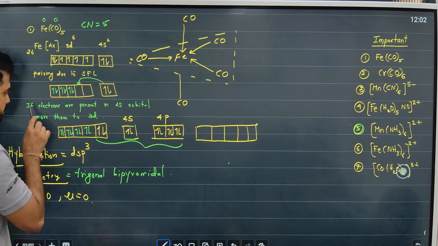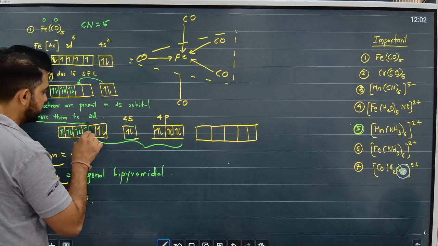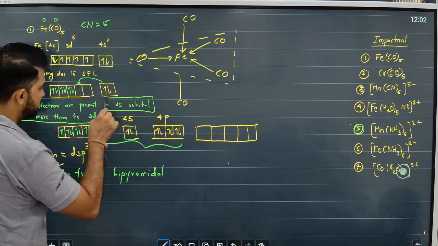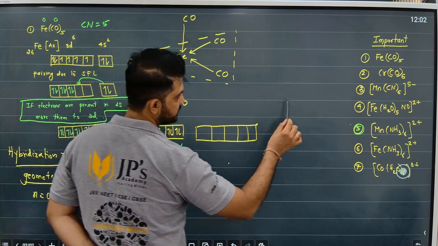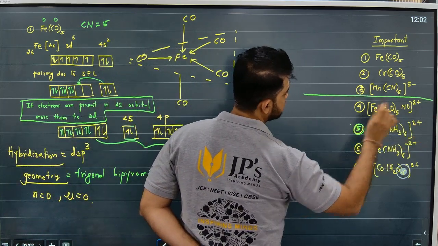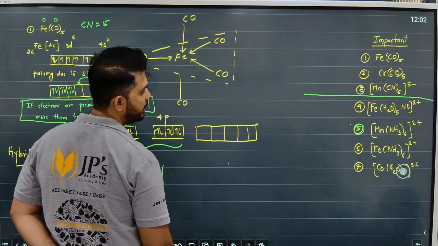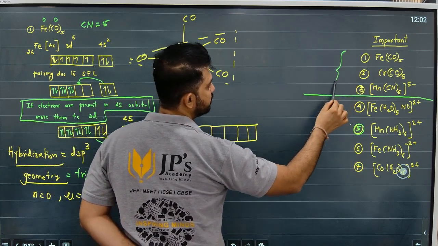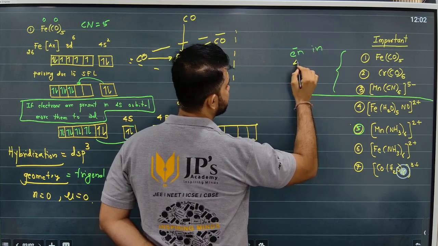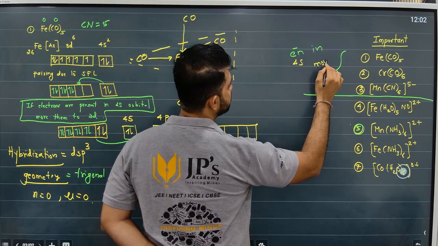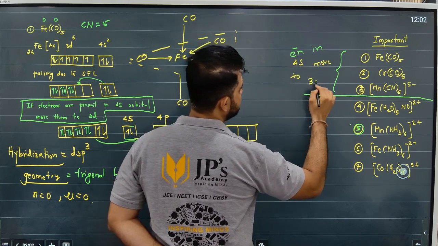In any example, if you have electrons present in 4s, we'll be moving them to 3d. और ये first 3 examples वैसे हैं. They're going to have electrons in 4s, which we have to move to 3d.